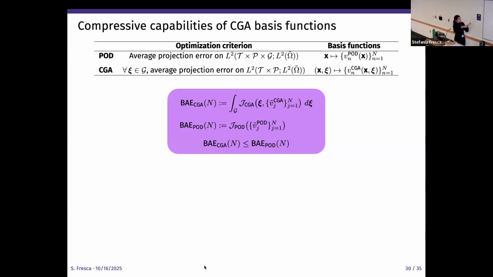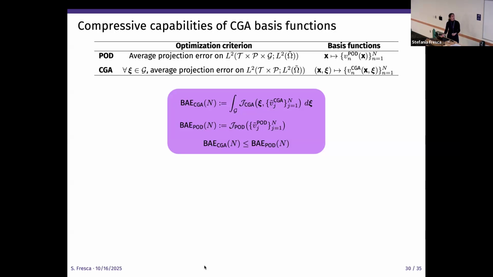CGA provides instead a set of basis functions optimal for the given instance of the geometrical parameters. It can actually be proved that if we consider the best approximation error, and the same reduced dimension n, CGA basis functions outperform POD modes.